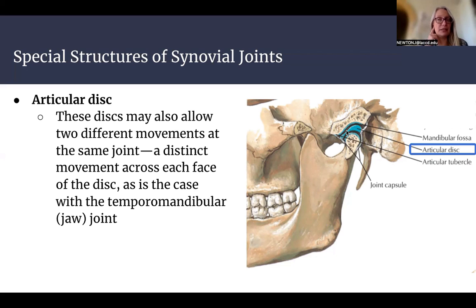So this is the joint here in our jaw, where our mandible is coming up here. Here's that mandibular fossa we looked at on the underside of the skull. And here's the condylar process of the mandible. And in between here, we can see an articular disc. You can also see the articular cartilage surfaces here.